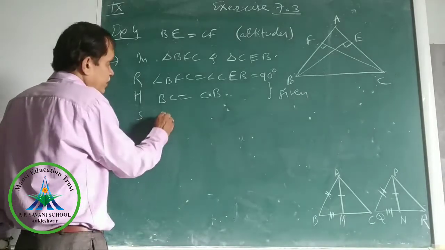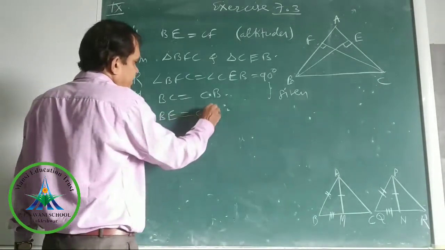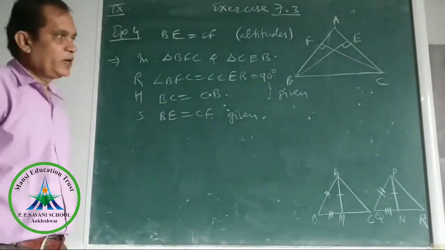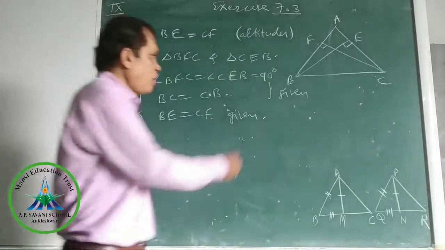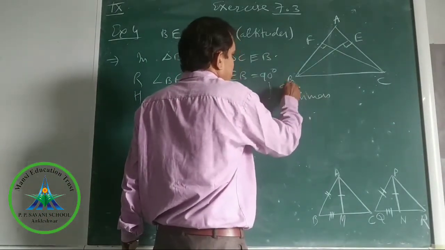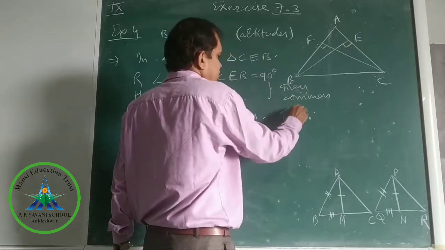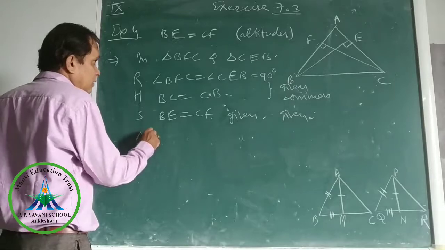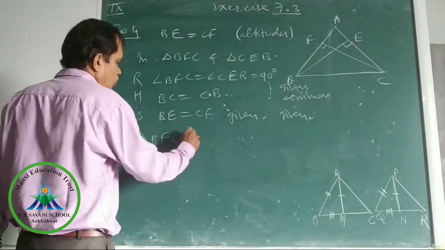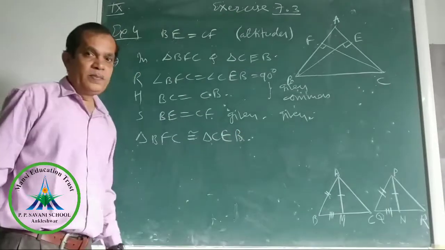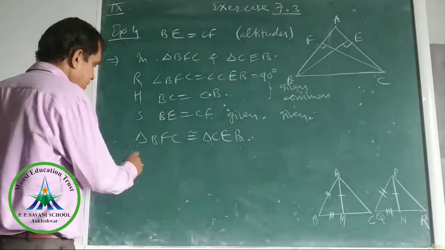Sides? BE equal to CF. Got it? See, this BC, CB is common. This first point is given and third point is given. So you prove, therefore triangle BFC congruent triangle CEB.